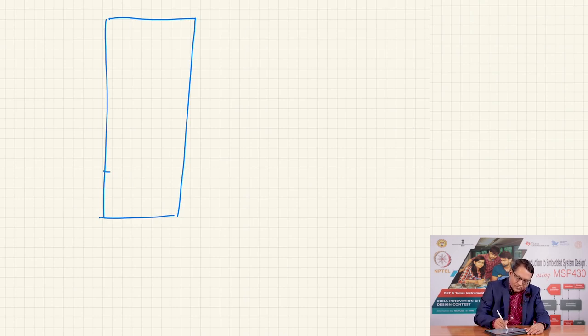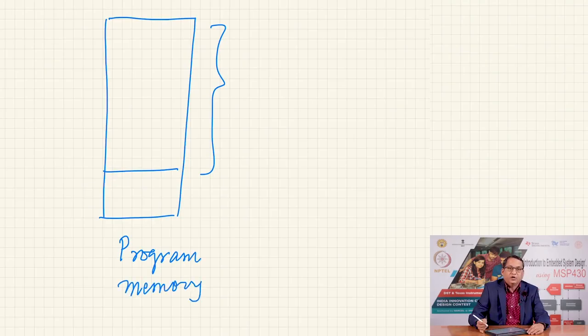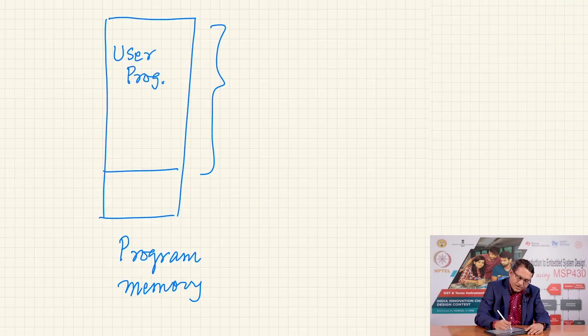The major chunk of your program memory, this is your program memory, would be this one, which would be called user program memory, and a smaller chunk would be called bootloader program memory.